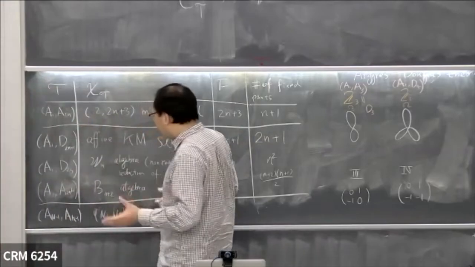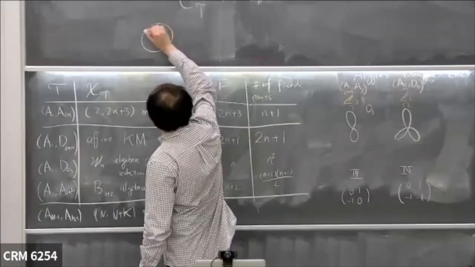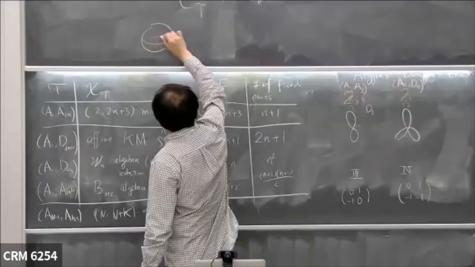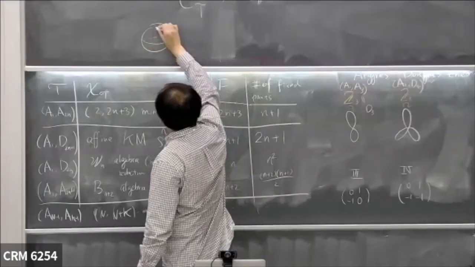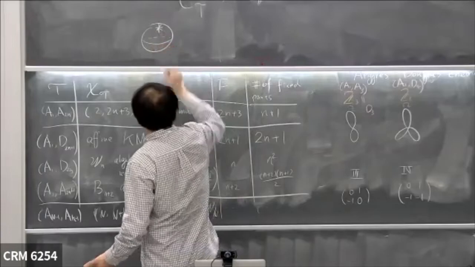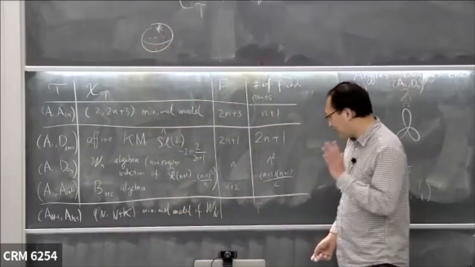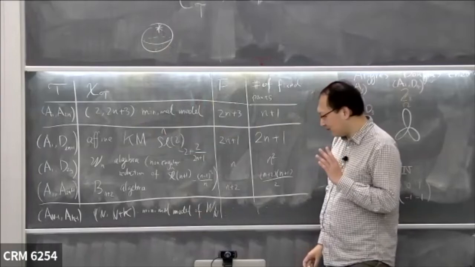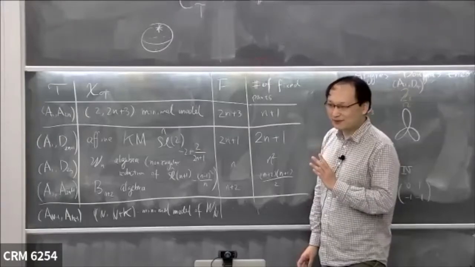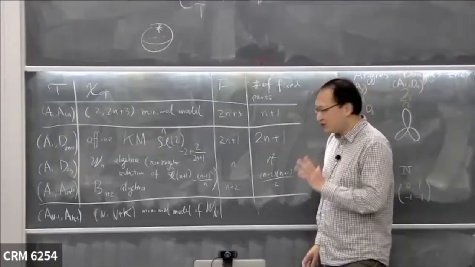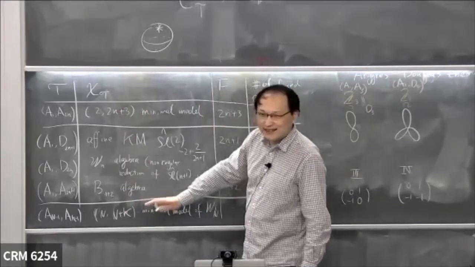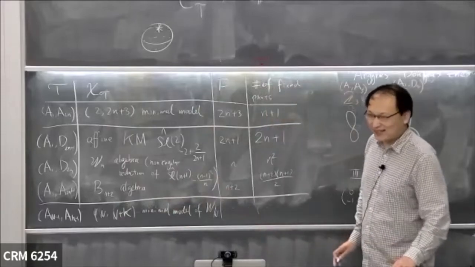You can still view them as class S theories, but instead of having the usual Riemann surface with marked points, you only have P1, with some potentially very bad irregular singularity, and then maybe another regular singularity. So in that way, you can interpret this as a Higgs bundle. It will not be a usual Higgs bundle. We sometimes refer to it as a wild Higgs bundle. And then that geometry has some relation with Springer fibers in some of the families. I don't know what's actually the precise answer.